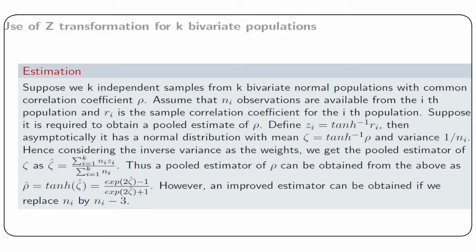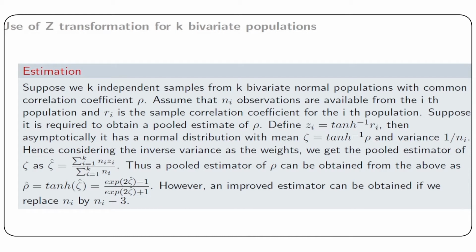So we define Zi as tan hyperbolic inverse ri, then asymptotically it has a normal distribution with mean zeta, which is defined as tan hyperbolic inverse rho, and variance 1 by ni. Hence, considering the inverse variance as the weights, we get the pooled estimator of zeta as zeta hat, which is defined as the weighted mean, summation i from 1 to k ni zi divided by summation i from 1 to k ni.